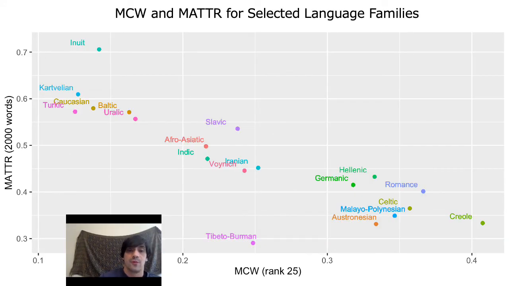And if we chart the most common word percentage against the MATTR, we find this correlation is more visible, where the most morphologically complex languages are on the upper left here, and the least morphologically complex languages, the more isolating languages, are found on the bottom right. Tibeto-Burman is kind of a tricky example.